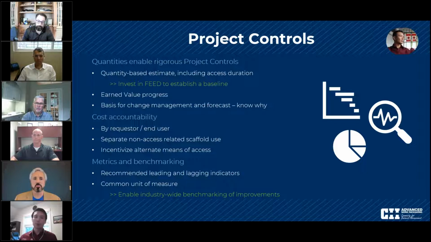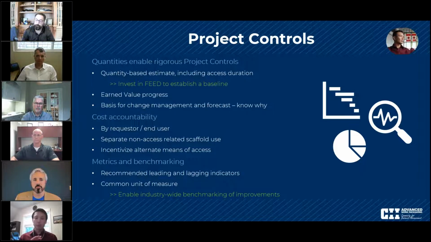Well, the scaffolding superintendent tends, at least for projects today, to just be filling requisitions. Somebody puts in a requisition, they build the scaffold. There's not much discretion in whether or not they build that scaffold. They have some control on how the scaffold is built, but not whether or not the scaffold is needed. And to the point that Rick and Stefan made earlier in the presentation, how many scaffolds are being built, they have very little control over.